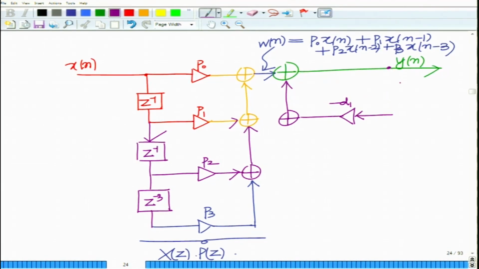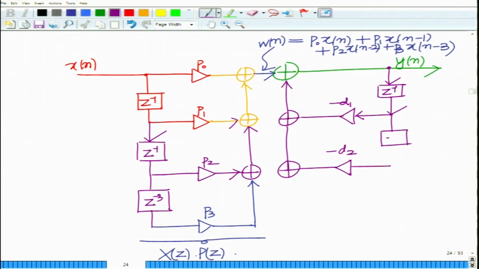I am sorry, there has to be a delay over here. So, that will give you y[n minus 1], correct. So, minus d1 y[n minus 1], and this will be minus d2 and pass it through a delay z inverse.